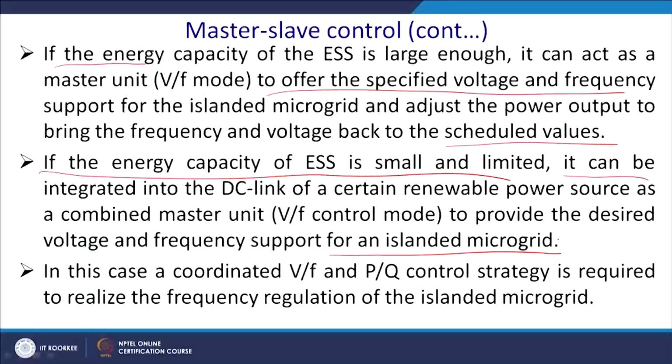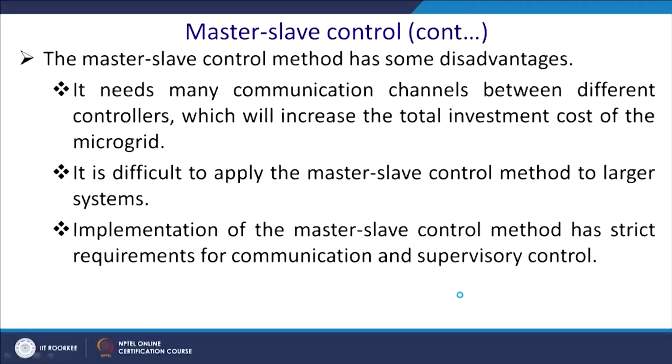So, that is the combination of the DG and the ESS. In this case, a coordinated V/F and PQ control strategy is required to realize the frequency regulation of the microgrid. Maybe the ESS is running in a V/F control, but the DG may be running in a PQ strategy, that is also possible.